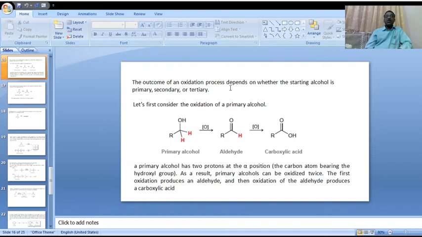After loss of the first proton we get the aldehyde, then the next proton is also involved in the oxidation process, the elimination process, and we get a carboxylic acid.